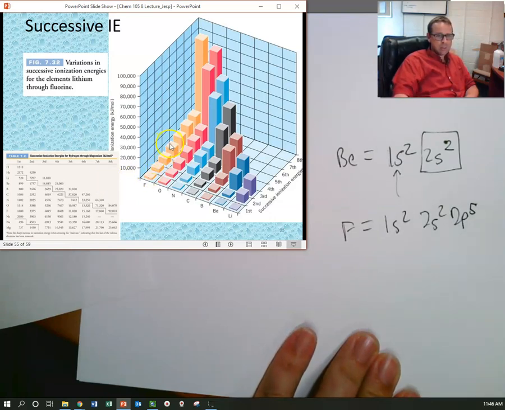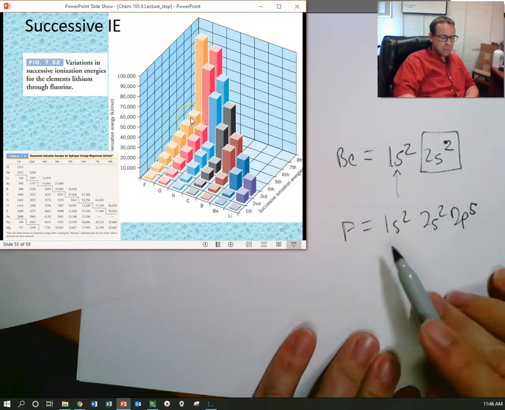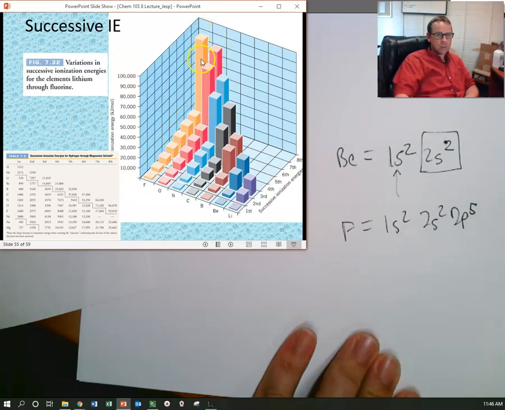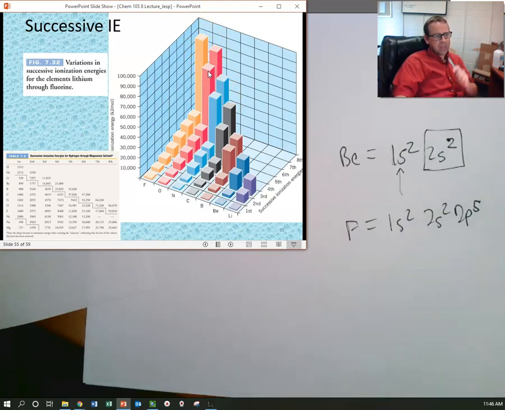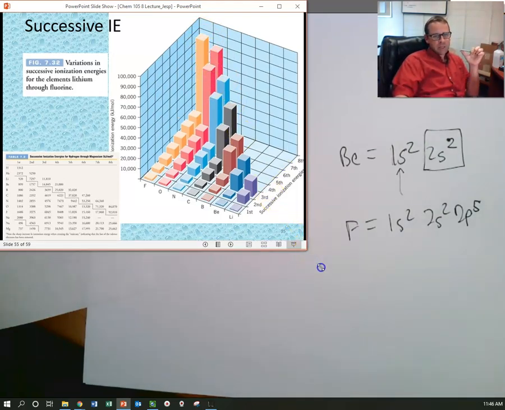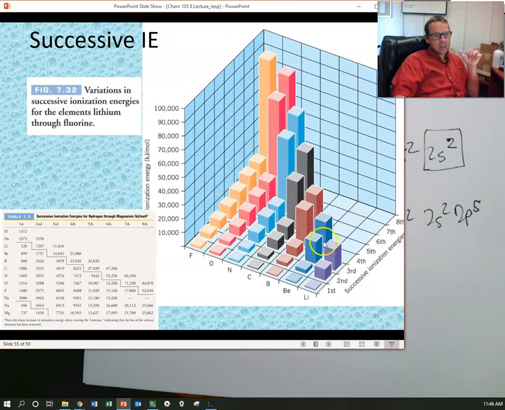They increase in the amount of energy it takes, but when you try to remove into the noble gas core, it requires a lot more energy. All right? So successive ionization energy increases as you get closer to the noble gas core, and when you try to go into the noble gas core, there's a drastic increase.